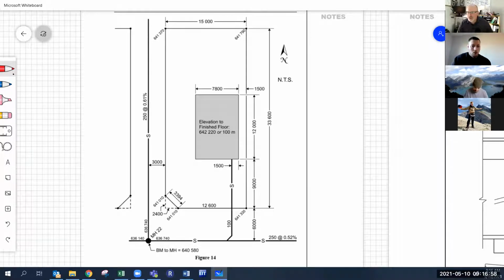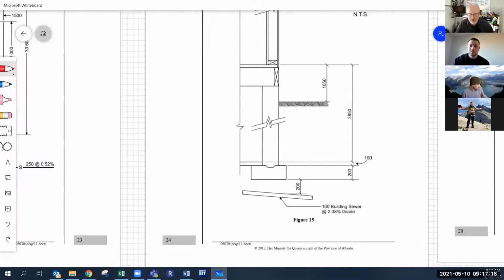Okay, the next question is, what is the architectural invert elevation of the building drain under the footing, excuse me. So let's go back here. Now, we want to know architectural. Remember, we start at 100 at the top of the finished floor. And we're going to go all the way down. So we're going to start at 100 and we're going to minus off 2.85.